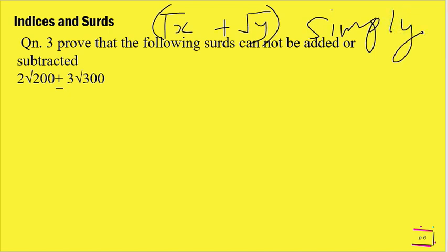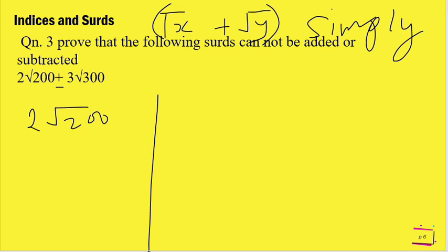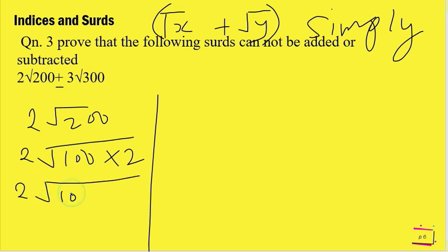So simplifying the first surd, which is 2 root 200, it can be written as 2 root 100 multiplied by 2, but this is just 2 root 10 squared multiplied by 2.